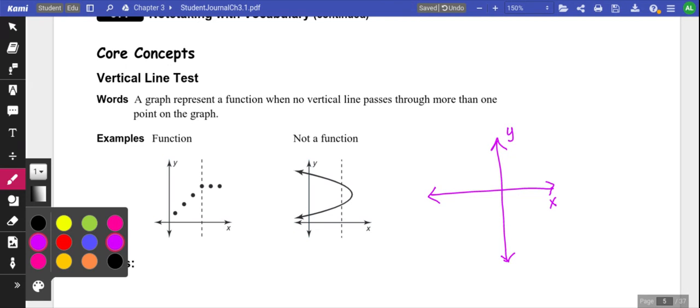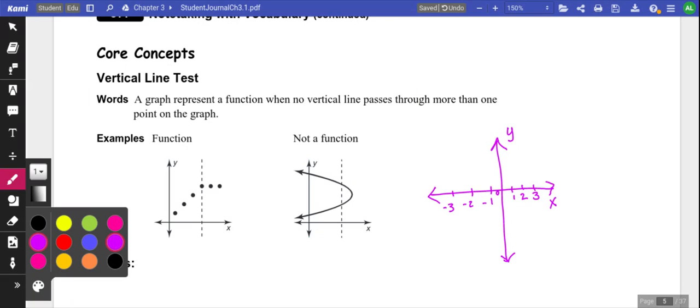Let's remember that as we go in this direction for x, our numbers are going up. We've got positive numbers, and on this side we always have negative numbers: -1, -2, -3. The spot where they intersect is 0, and we call that the origin.